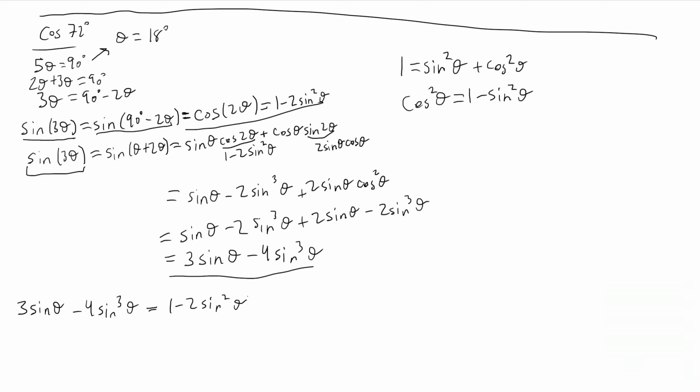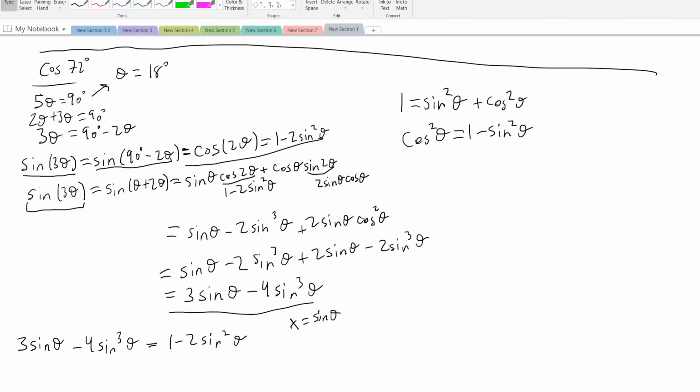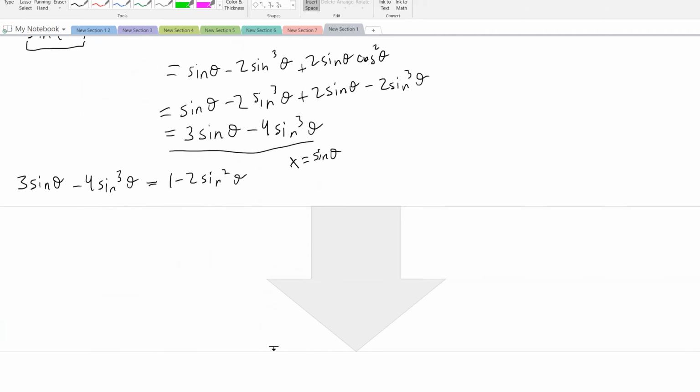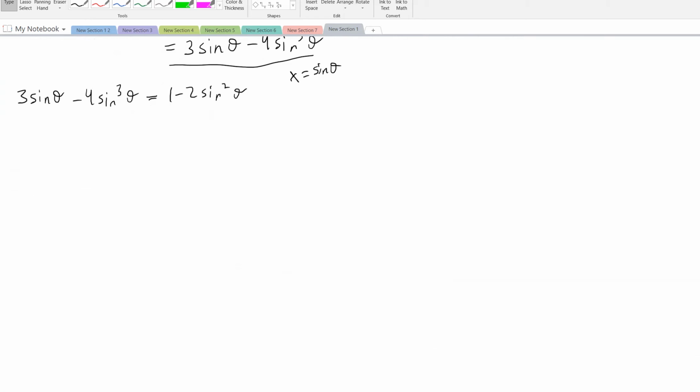Okay, so now I'm going to rewrite this equation by making the substitution x equals sine of theta. And this is primarily for convenience sake, so I don't have to write sine of theta every single time I need to refer to it. But also to make sure that from this point on, nobody gets really stuck in the math.